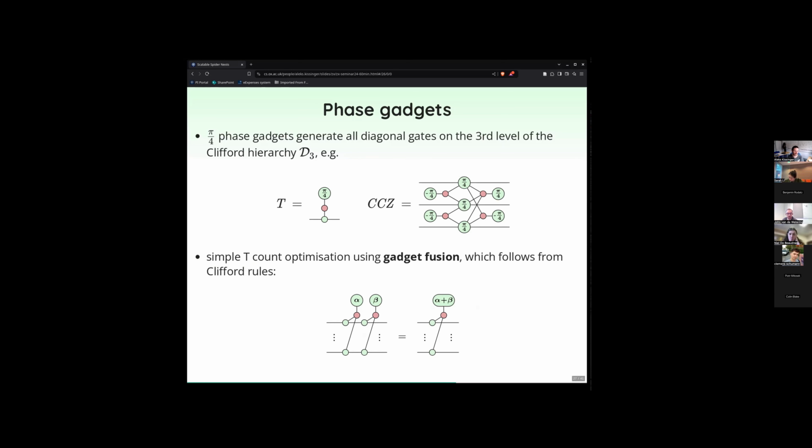The way this works in circuit optimization is you can find T gates which, even if they're far from each other, end up acting on the same set of qubits once I do this ZX reduction, and then I can fuse their phases. So say I have two pi/4 phases, they add to become a pi/2 phase, which then corresponds to a Clifford operation.